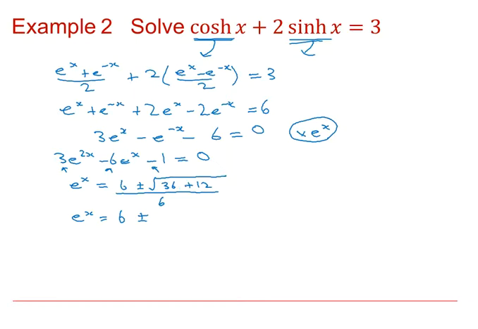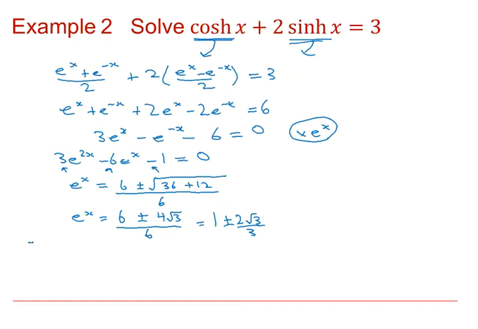So I've got root 48, which can be written as 4 root 3, over 6. Or if you preferred, you could write this as 1 plus or minus 2 root 3 over 3. So this could be solved on a calculator, or we could just go on to a logarithmic form.